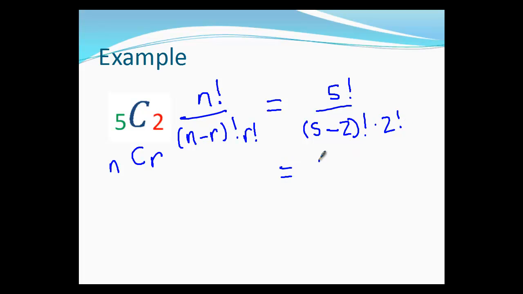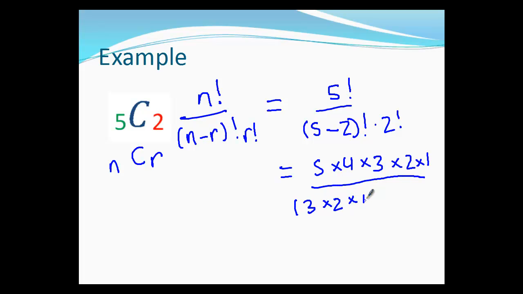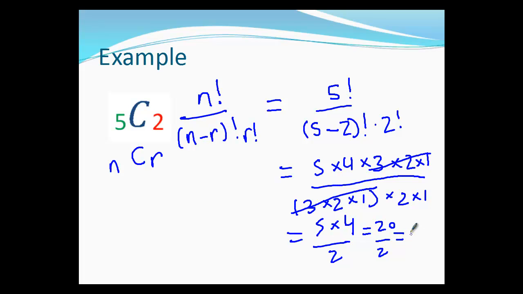So we get 5 times 4 times 3 times 2 times 1 all over 3 times 2 times 1, as 5 minus 2 becomes 3, multiplied by 2 times 1. So you can cancel out the 3 times 2 times 1, as they're the same. We're left with 5 times 4 all over 2, which becomes 20 over 2, which equals 10.